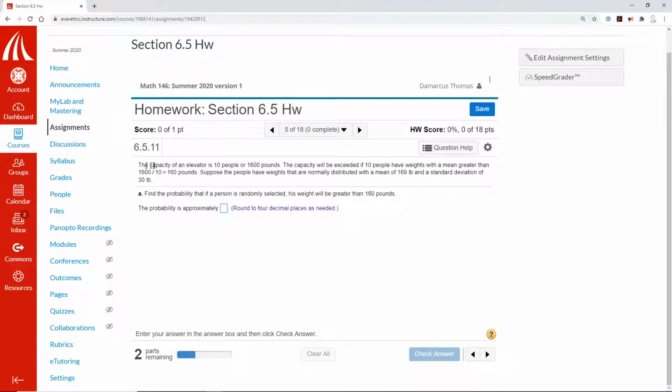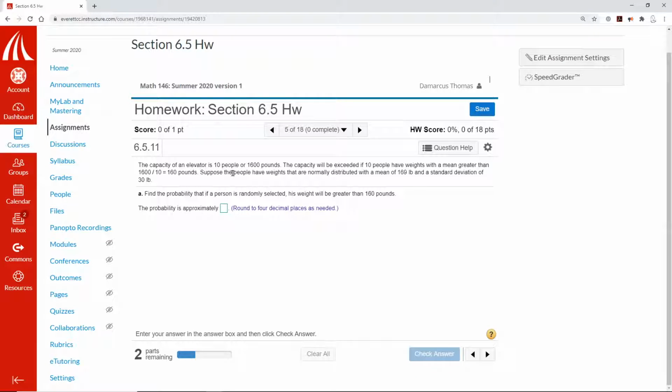So it says the capacity of an elevator is 10 people or 1,600 pounds. The capacity will be exceeded if 10 people have weights with a mean greater than 160 pounds.